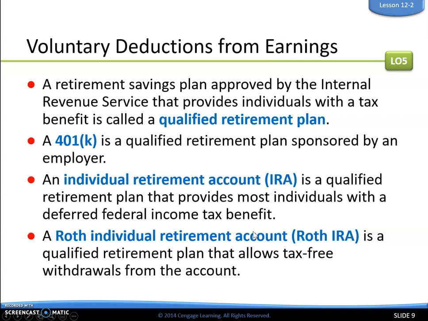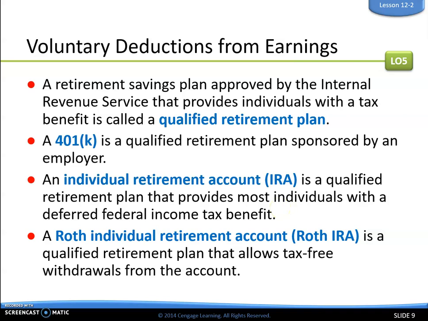So a qualified retirement plan is a retirement savings plan that's approved by the Internal Revenue Service, the IRS, that provides individuals with a tax benefit. A 401k is a qualified retirement plan that's sponsored by an employer. An IRA, an individual retirement account, is a qualified retirement plan that provides most individuals with a deferred federal income tax benefit.